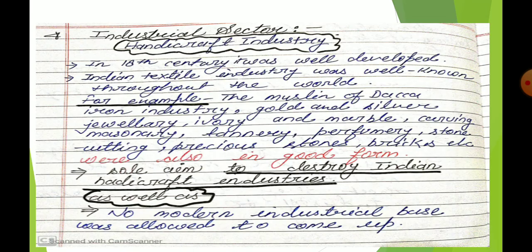Okay, so let us understand. For understanding the condition of the industrial sector on the eve of independence, first of all we have to learn what the condition of the industrial sector was when there was no British rule. It means before the pre-British rule, what was the condition of our country in the industrial field?